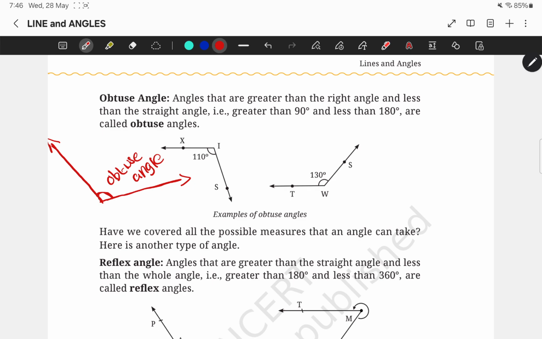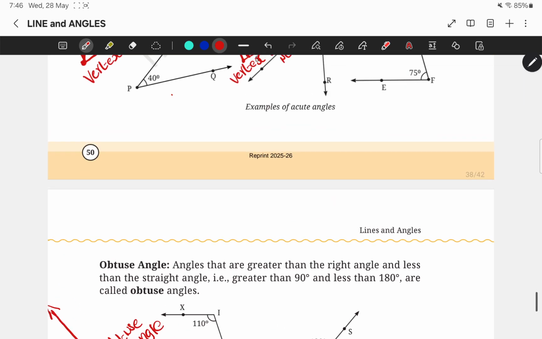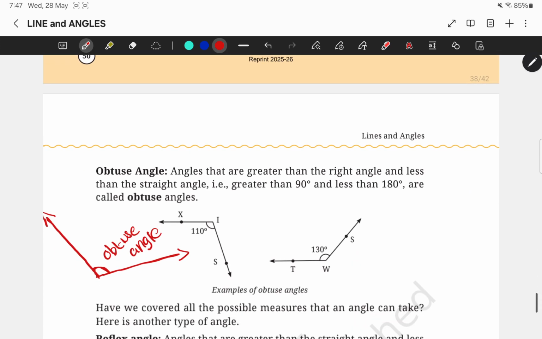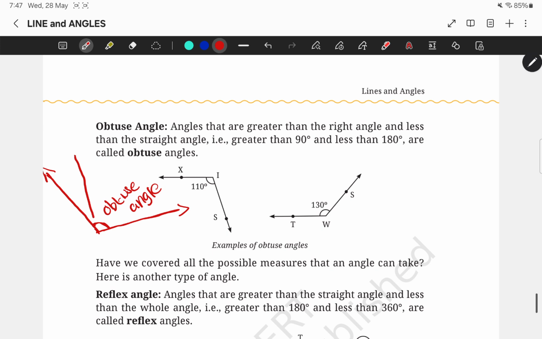It is greater than 90 degrees. I already told you a right angle is exactly 90 degrees. So the obtuse angle is greater than 90 degrees and less than 180 degrees.